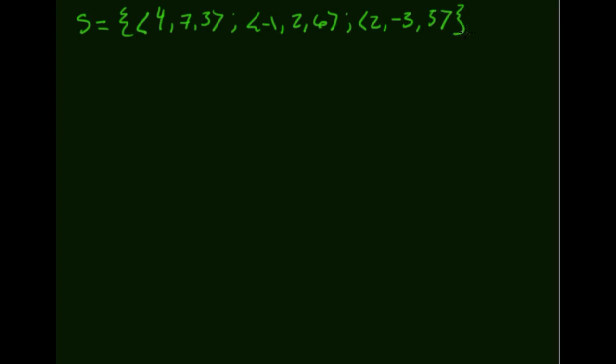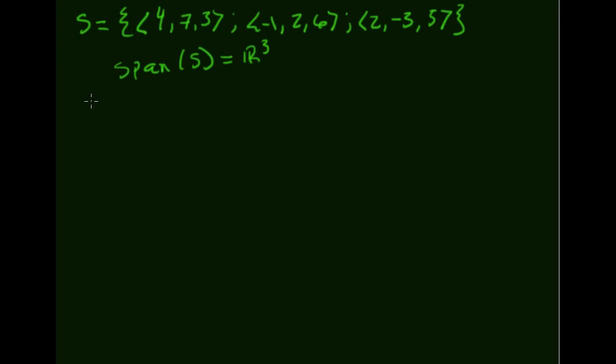And we want to say that if I take the span of S, that's R3. All right, so what does this mean? This means that every element in R3 can be made as a linear combination of the 3 vectors of S.